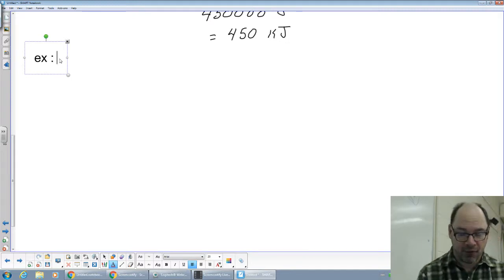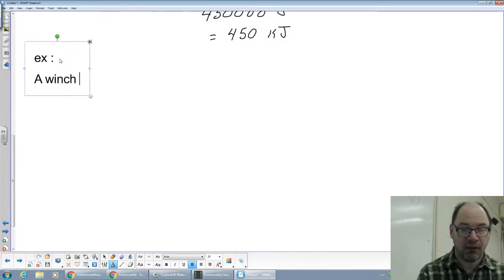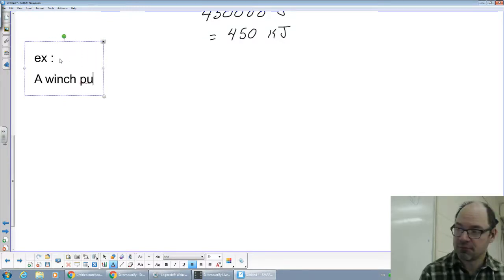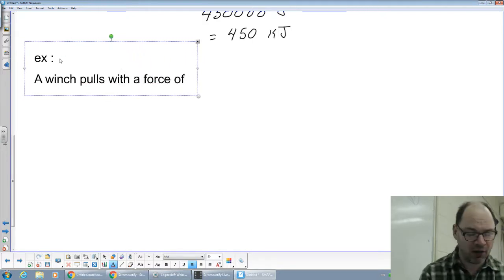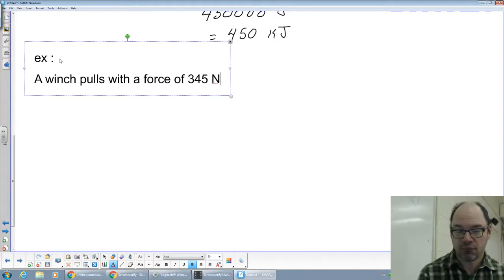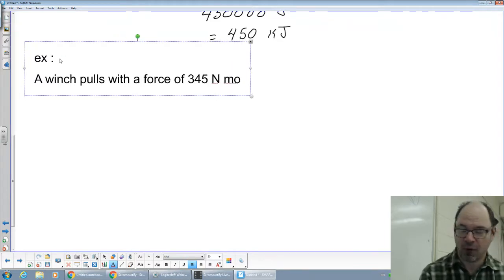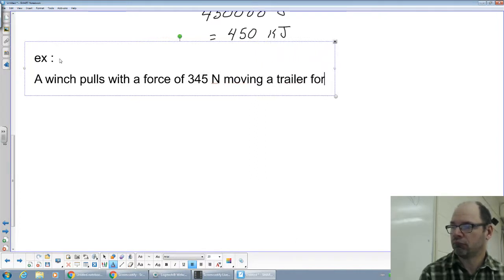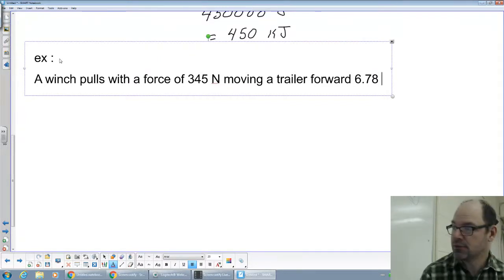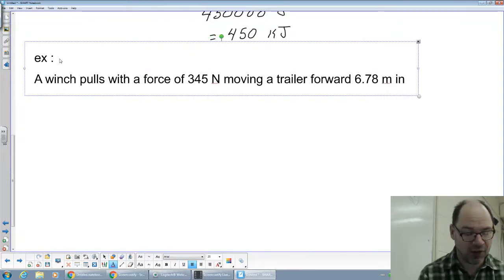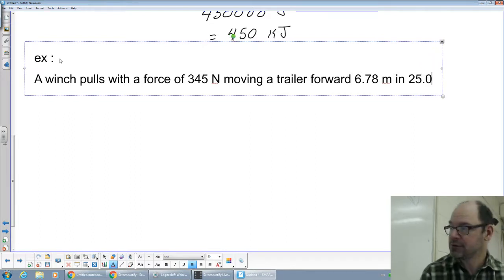Okay, so let's do a winch or something like that. A winch pulls with a force of 345 newtons, moving a trailer forward 6.78 meters in 25.0 seconds.